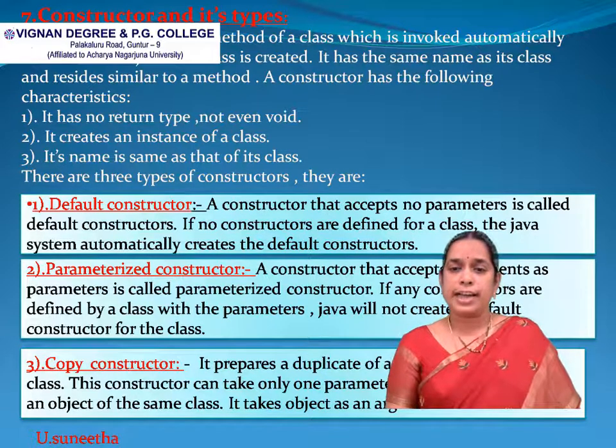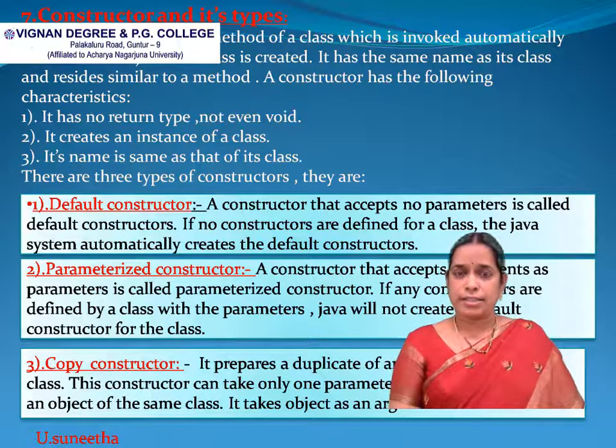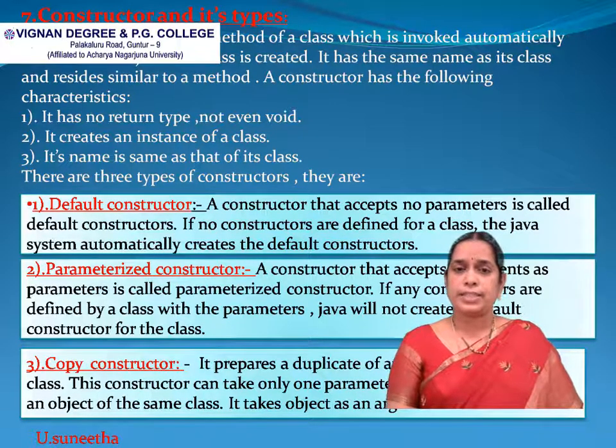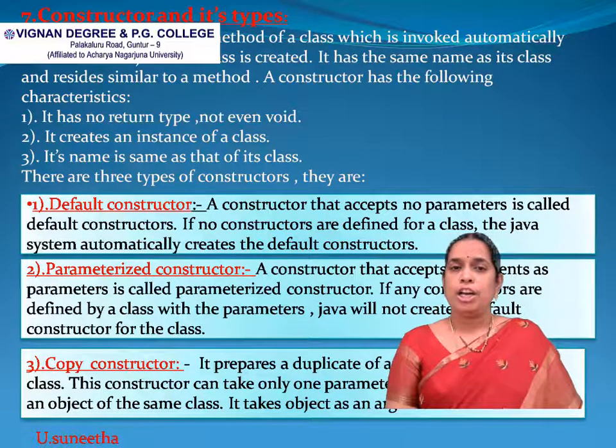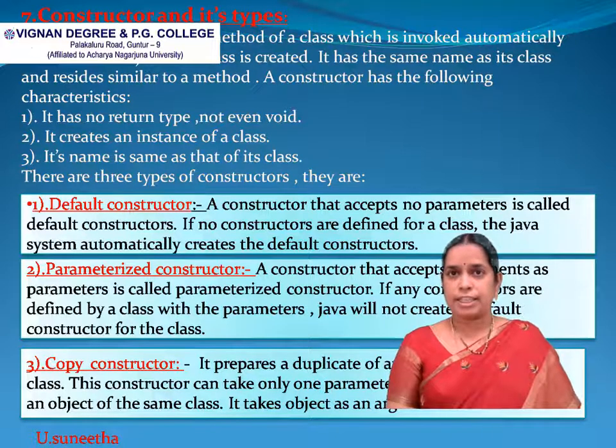That is, both class and the constructor will have the same name. The second characteristic is that it is generally used to create an instance of the class. That is, we will be using this constructor while creating the objects. The third one is that it does not have any return type. No return type will be present for the constructor. These three characteristics are present for constructors.